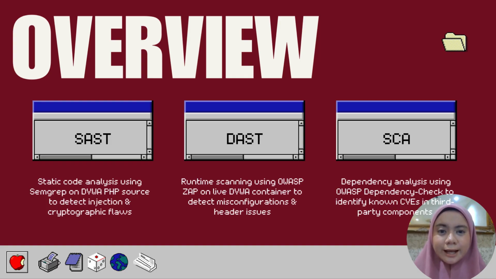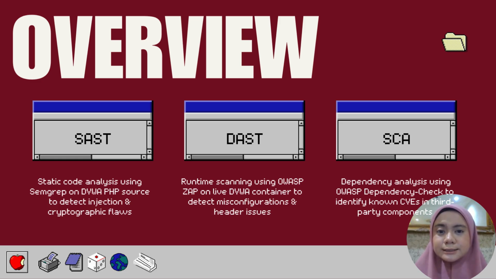First, SAST, or known as Static Application Security Testing, where I use Semgrep to scan the DVWA PHP source code and detect injection and cryptographic flaws. Second, DAST, or known as Dynamic Application Security Testing, where I use OWASP ZAP to scan the live DVWA container and detect misconfigurations and missing security headers.